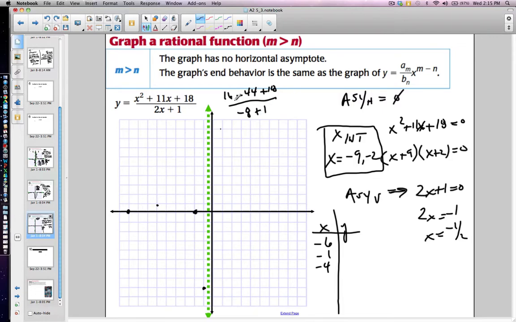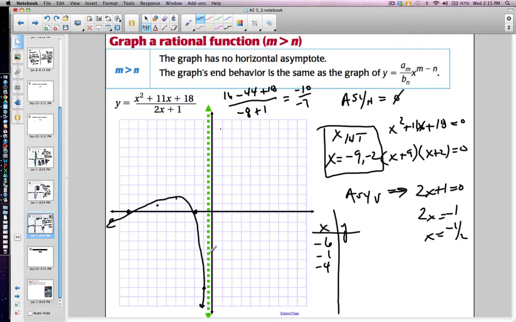So 18 and 16 is 34, so that's negative 10 over negative 7. So that's going to be about 1.5. So right about there. So now I'm getting the sense that this guy's going to come in along here and then shoot on out by diving next to the asymptote.